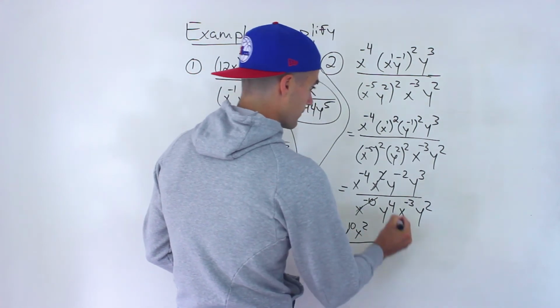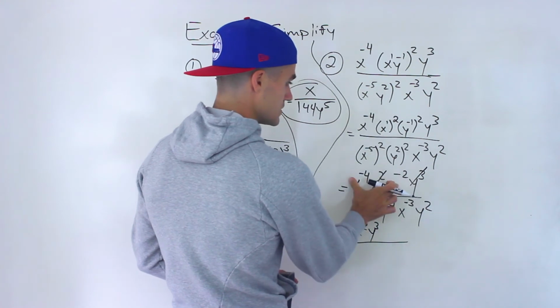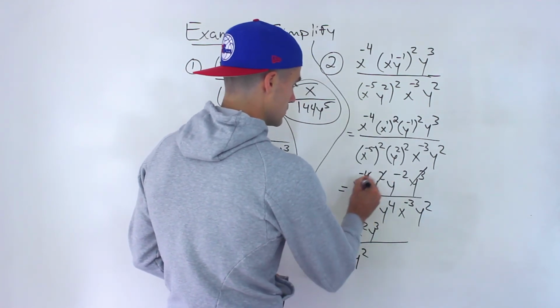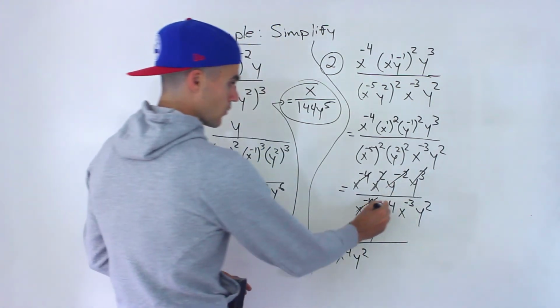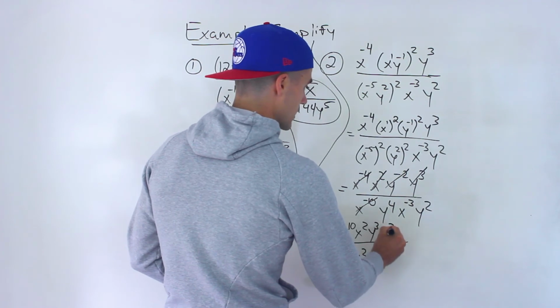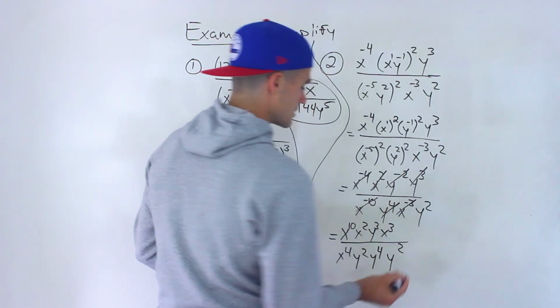The y to the 3 is going to stay. These two are going to come down, so this would be x to the 4, y to the 2, right? The y to the 4 stays. X to the negative 3 I'm going to bring up, that will be x to the power of positive 3, and then y to the 2 stays at the bottom.